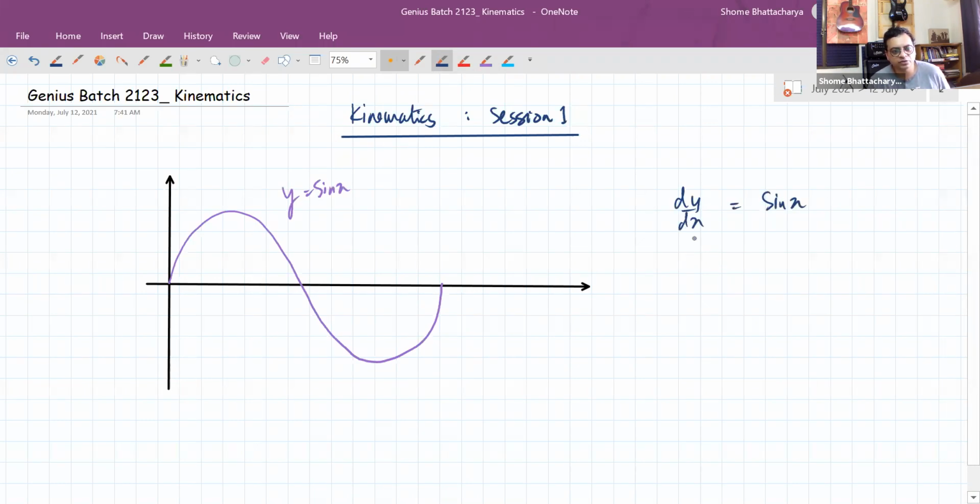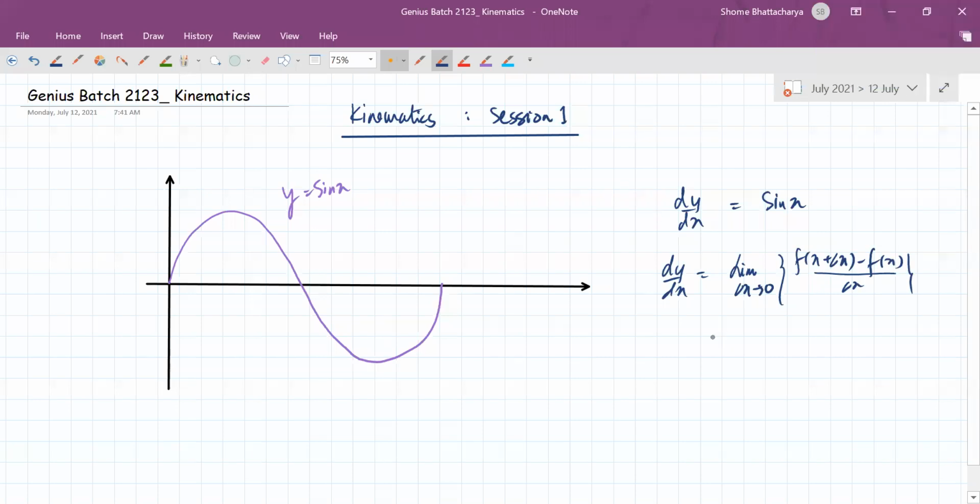You've done enough trigonometry to understand the proof of this from the limit method. Remember what dy by dx actually was? It was limit delta x tending to 0, f of x plus delta x minus f x divided by delta x. This was the concept of it.